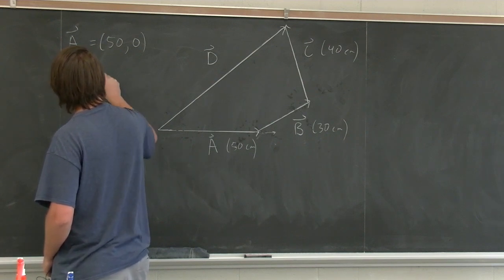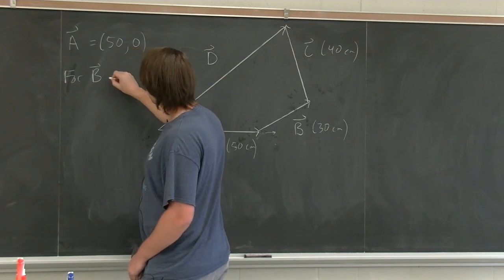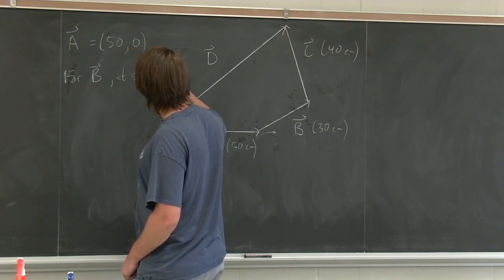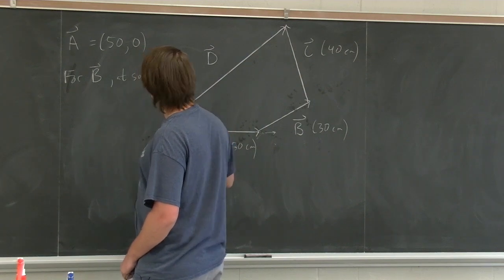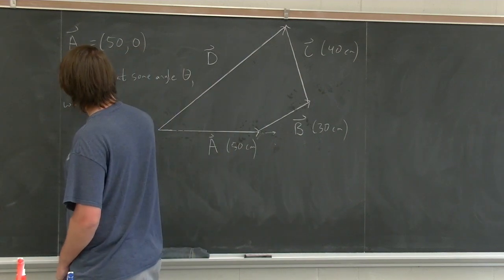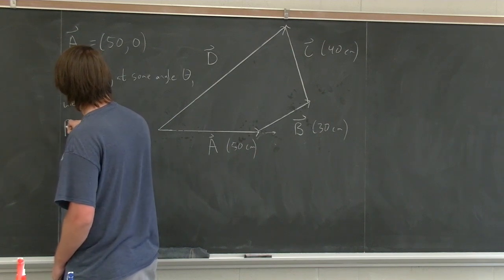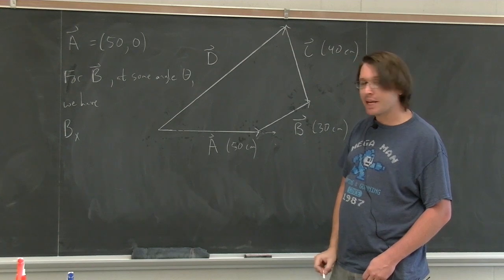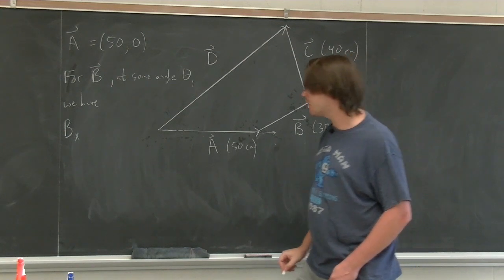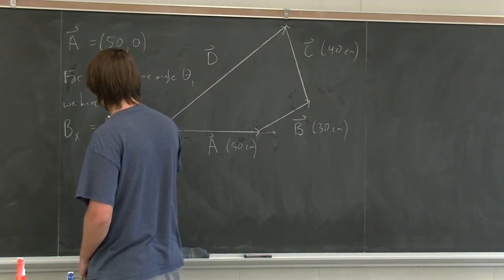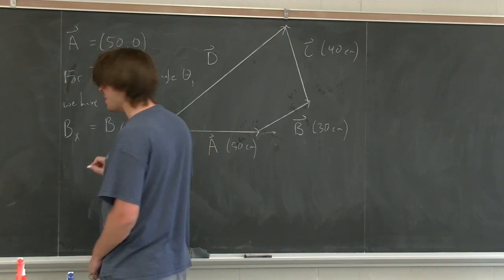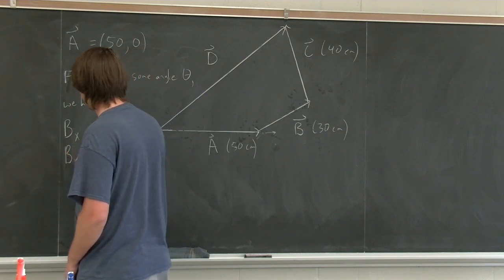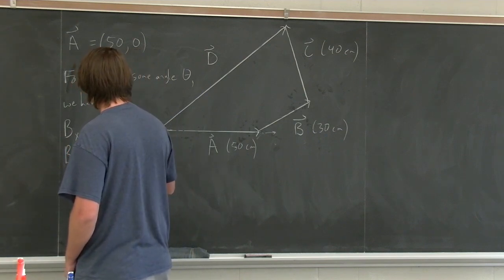So for B, at some angle theta, the x component is going to be equal to the magnitude of B times the cosine of theta. For the magnitude, I'm just going to write B. And then the y component is going to be the magnitude times the sine of theta.